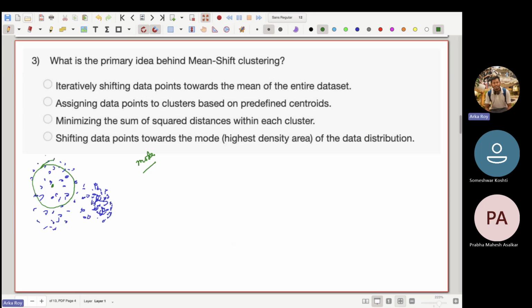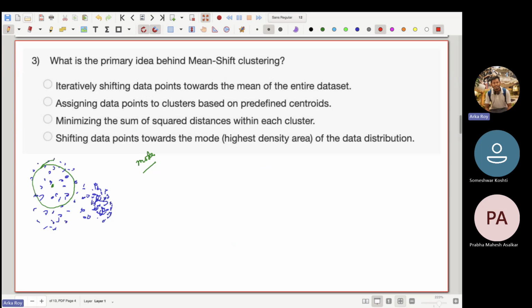Now you try to see where the mode is, and based on that, you try to shift the mean of the window. So over here, you started with this particular data boundary, and then you had the center of this window, and then you try to find the mode of the data that is enclosed by the window.